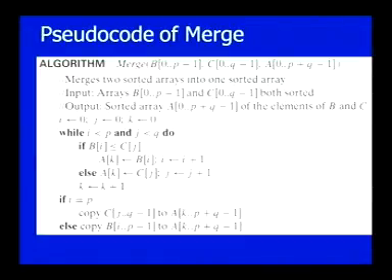If the array is exhausted, then the remaining elements of the other array are copied straight away to the resultant. Then after the resultant is obtained, we copy that back into the original array, that gives you the solution.